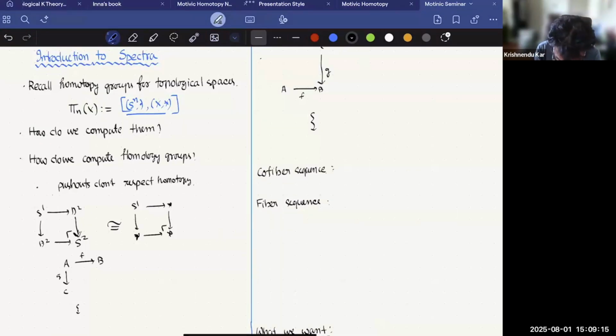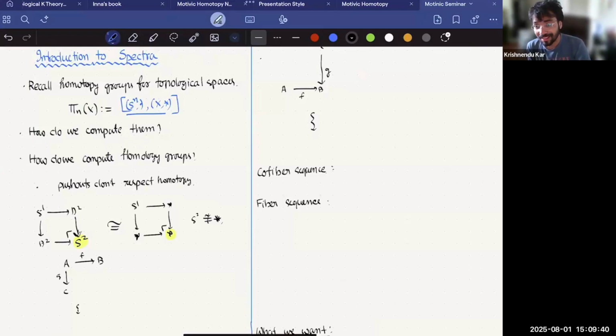S1 is exactly S1 on these two corners, but on the pushout corner over here, as you can see, S2 is not homotopic to your point. Now that's a problem. That means that your actual pushouts do not respect homotopy.